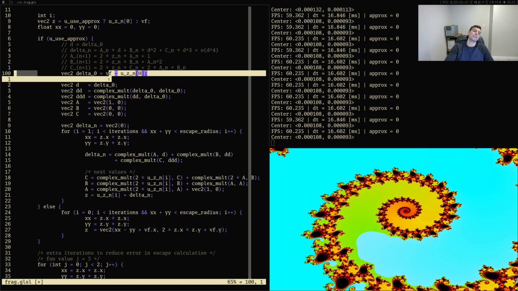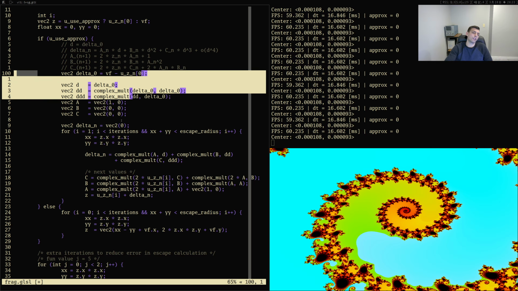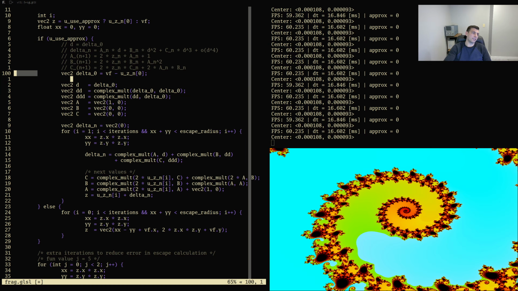As long as this calculation here, this VF isn't compressed to 0, basically, then this is correct for figuring out that delta 0. Because, yeah.